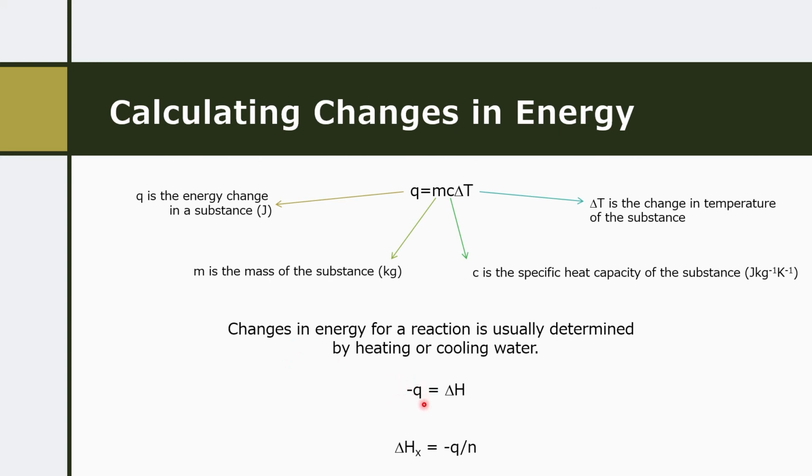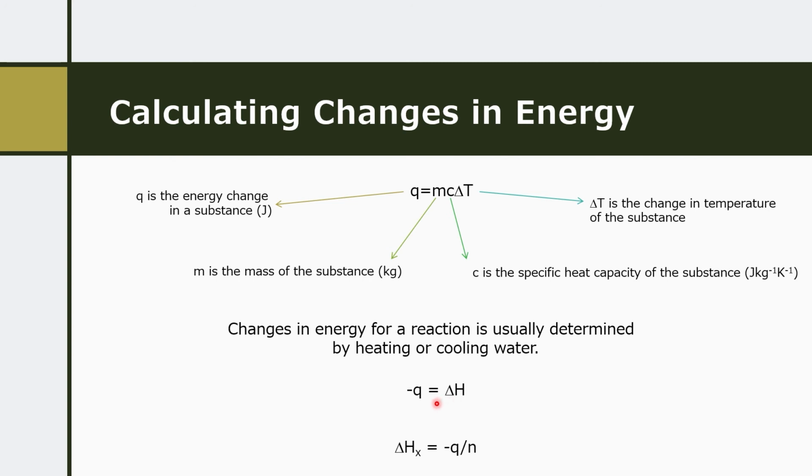Now, what I want to keep in mind is that Q is going to be the polar opposite of delta H. So, for example, if you are undergoing an exothermic reaction, delta H is a release of heat, and a release of heat means that heat is being lost in the reaction.